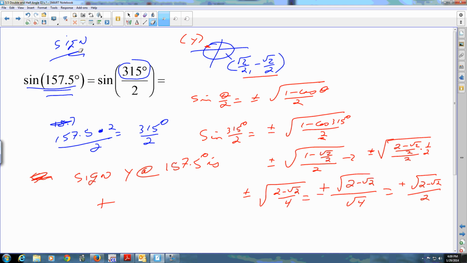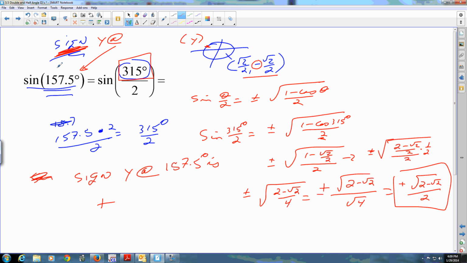If you had chosen to look at 315 degrees, you would have said the sine, the y value at 315, is negative, and you would have put the negative on there. But that's not where you look. You look at the sine of the y at theta over 2, which is 157.5. So you choose the positive. I know that can be confusing at first, but it's based on this angle, not this angle.